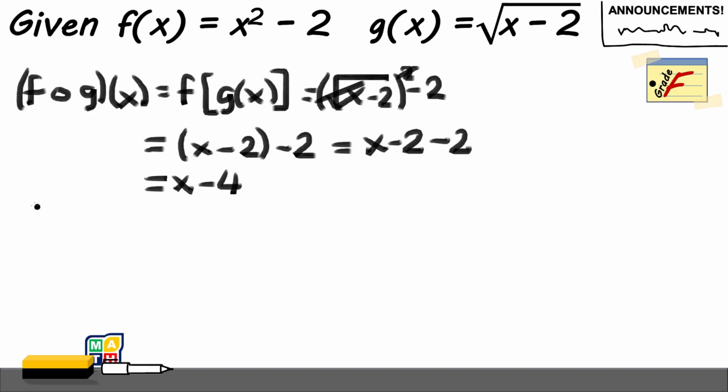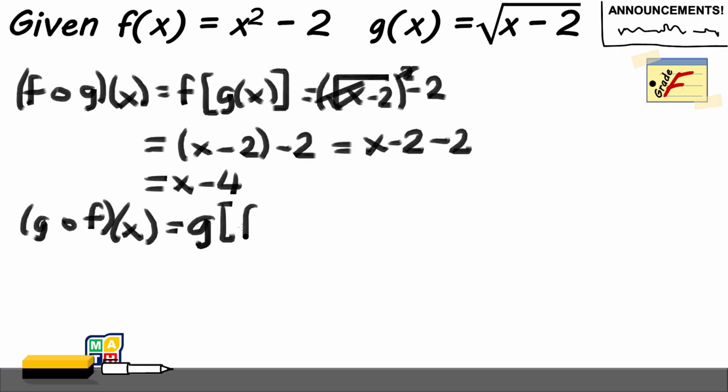Now let's proceed to the second, g of f of x. Conversely, you will be having g of x, but instead of the variable x, you will have f of x here. Just like that. We know that our g of x is the square root of x minus 2.